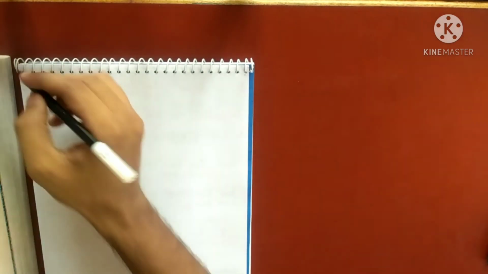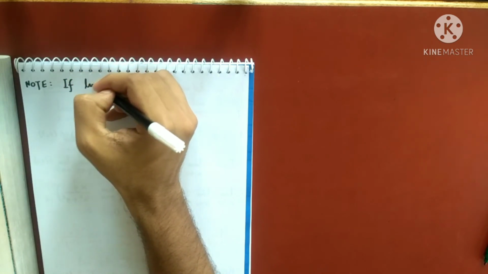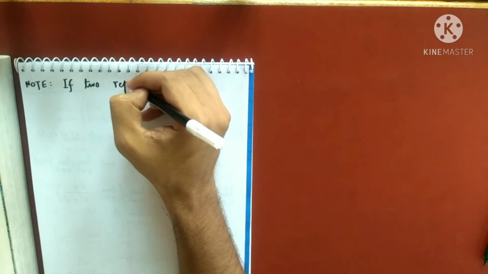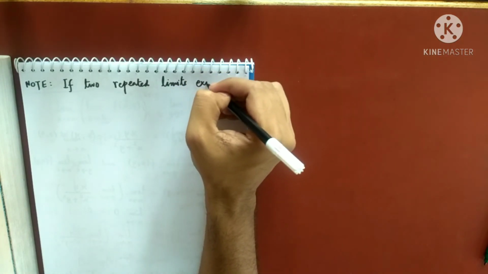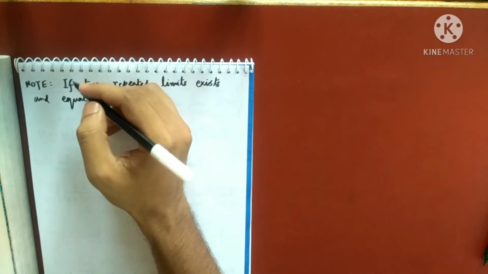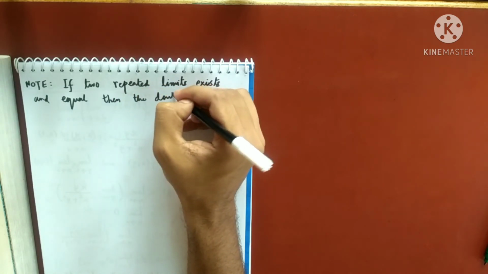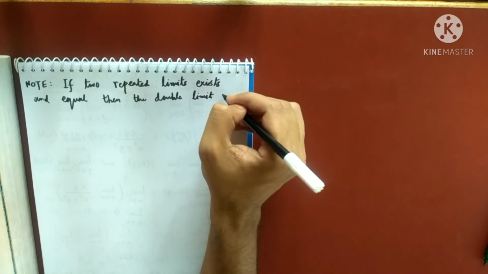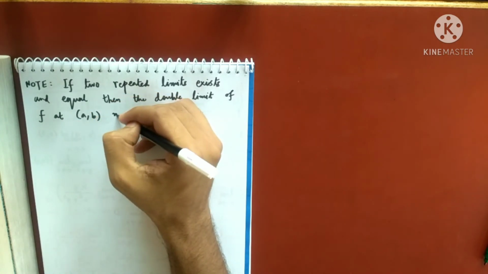So here is a note. The first note is, if two repeated limits exist and are equal, then the double limit of f at (a, b) may or may not exist.